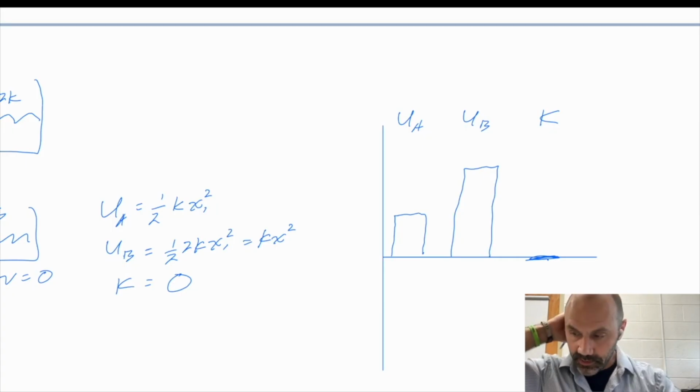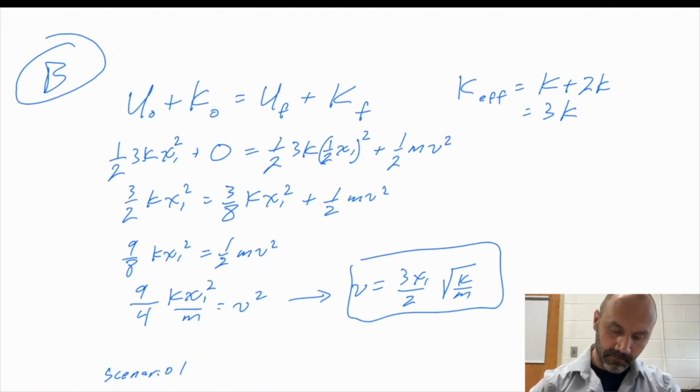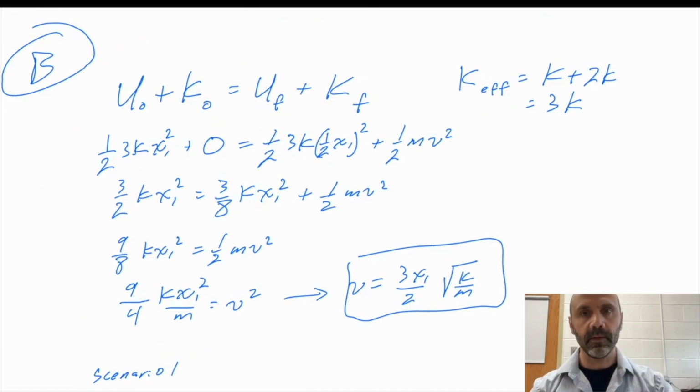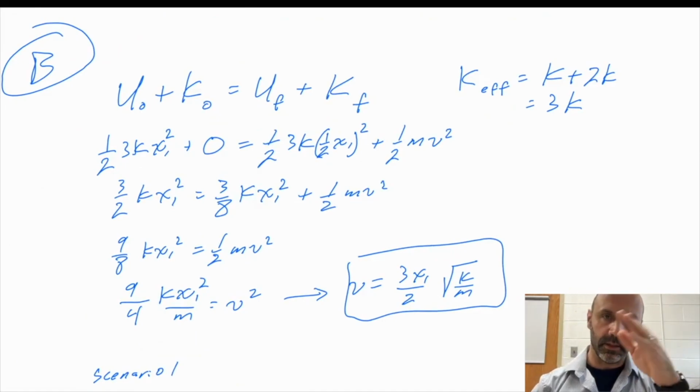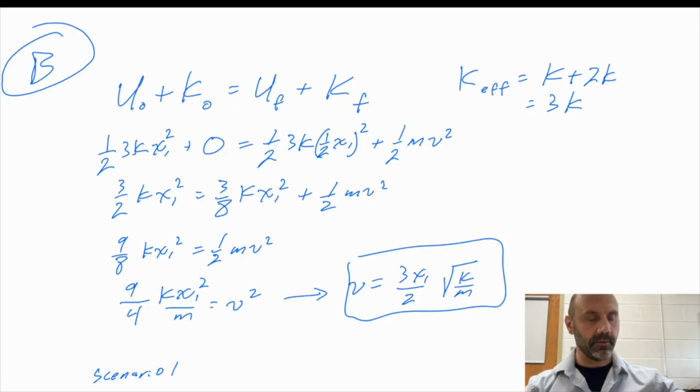Now it's released. And they want you to find an expression for the velocity when the block is at position x equals 1/2 of x1. So what we do is we set up the conservation of energy equation. The potential energy plus the kinetic energy plus the work in the beginning.